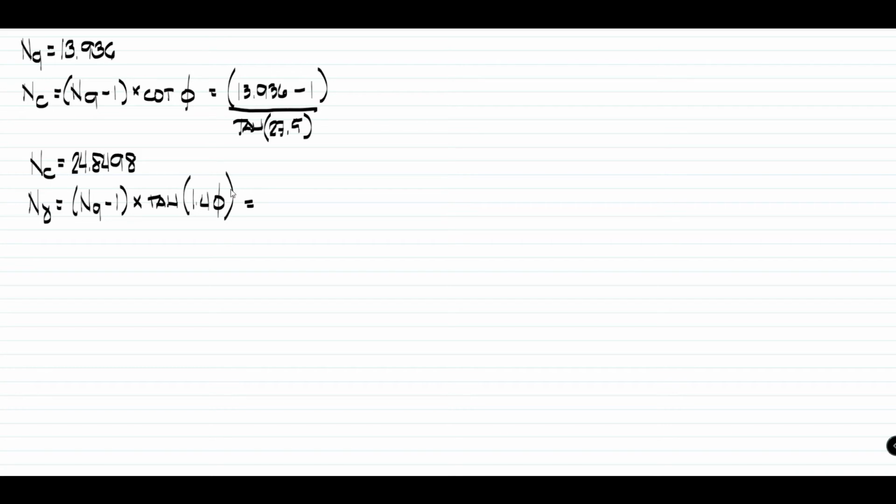So, that will be 13.936 minus 1 times tangent of 1.4 times 27.5. So, our N gamma now will just be equivalent to a value of 10.2898. So, yan na ngayon yung ating N gamma.